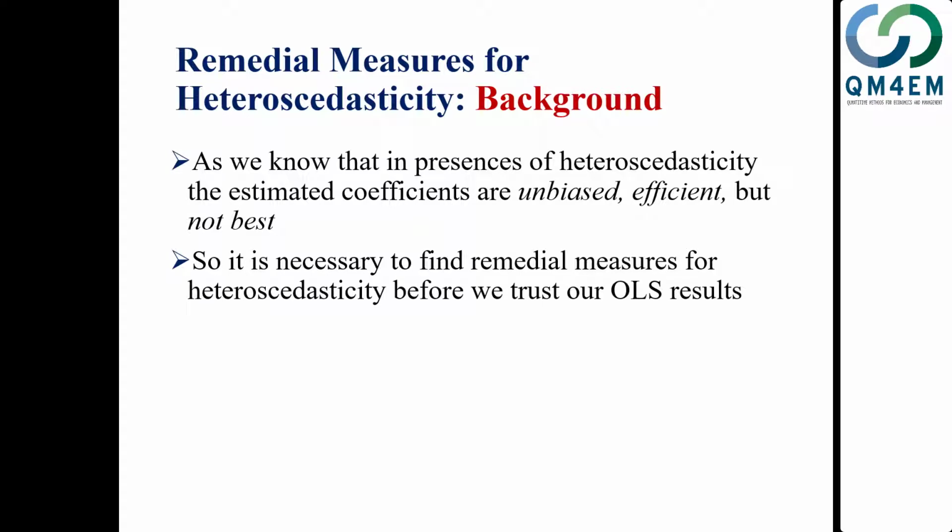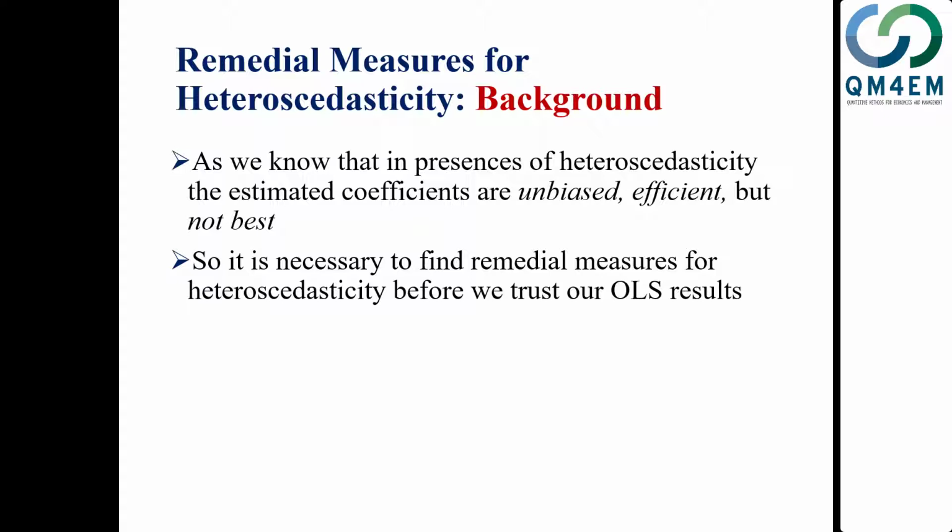So what we can do is find a remedial measure for heteroscedasticity before we trust our OLS results. We got the beta values, which represent the value of the population parameter. But the problem is that we cannot trust whether these are statistically significant at 1%, 5% or 10%.